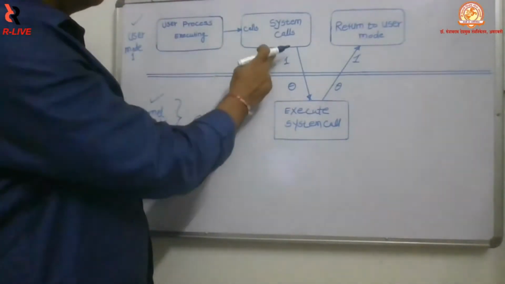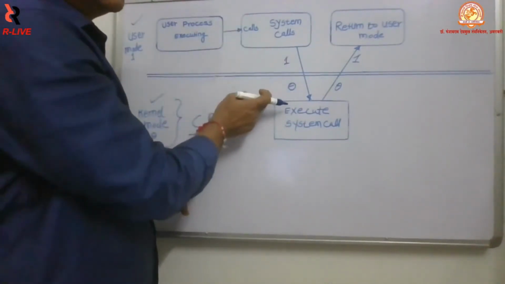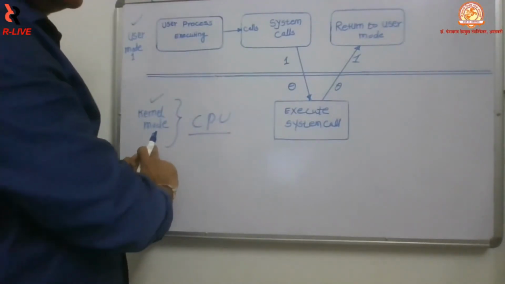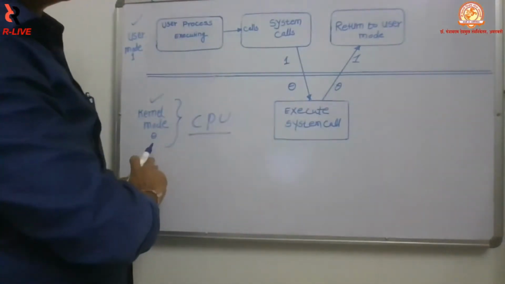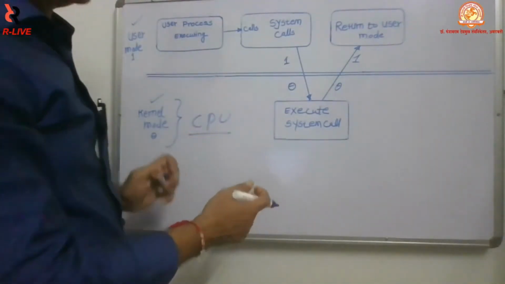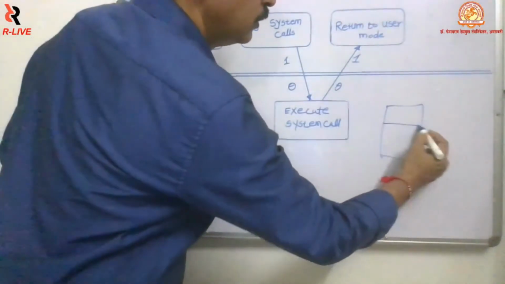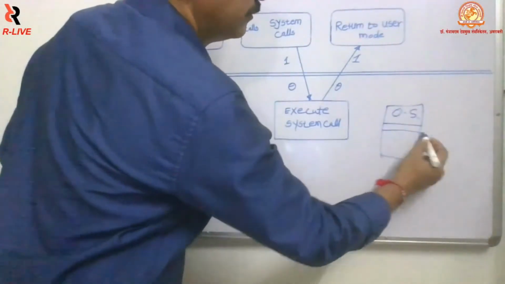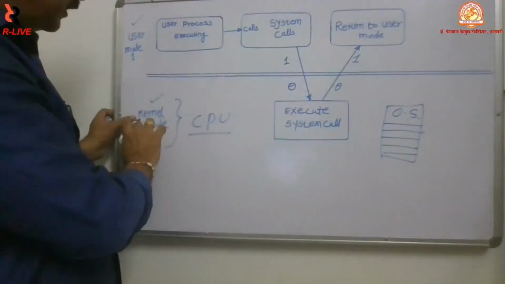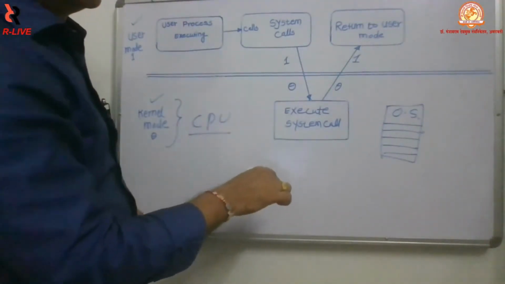It is changed from 1 to 0 when switching from user mode to kernel mode. Now, the system always starts in kernel mode when it boots. After the operating system is loaded into the particular memory location, the mode bit is set to 0.